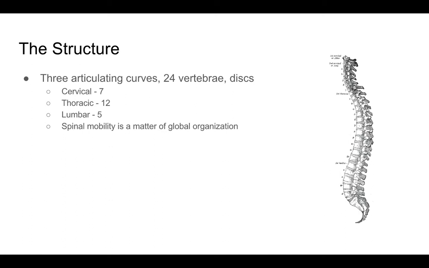We need to make sure that each segment of the spine can move, articulate, and control itself to the utmost. If there is a chink somewhere in the armor, if there is a hinge point that moves too much or too little, then we have a problem, as we'll talk about later. Then we lead to necessary compensations.